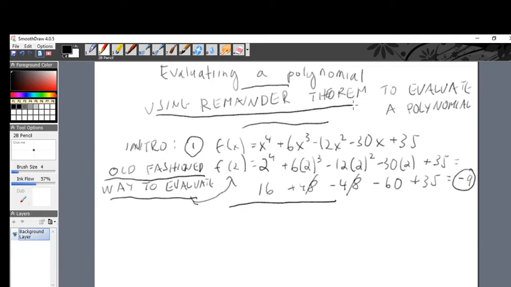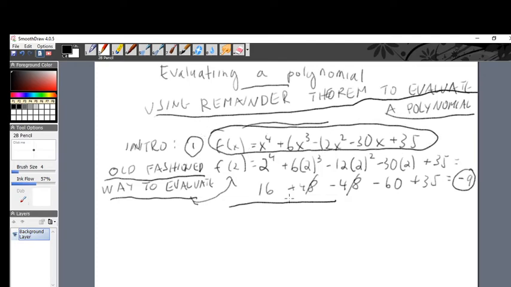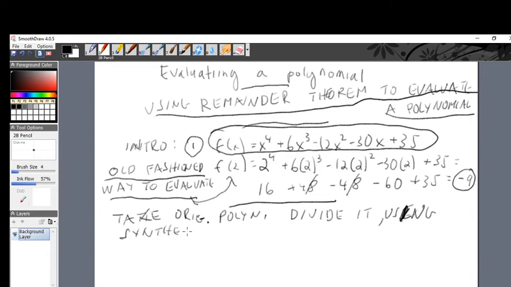Now, using the remainder theorem to evaluate a polynomial: we take our original polynomial from the question and divide it using synthetic division by 2.